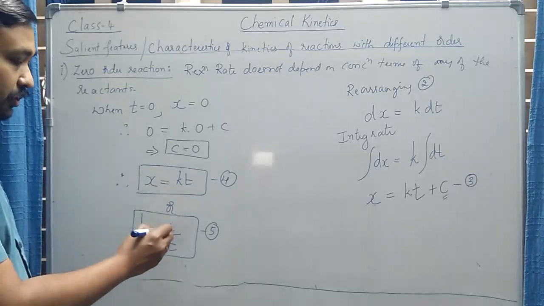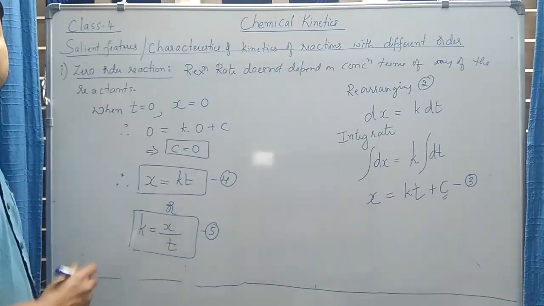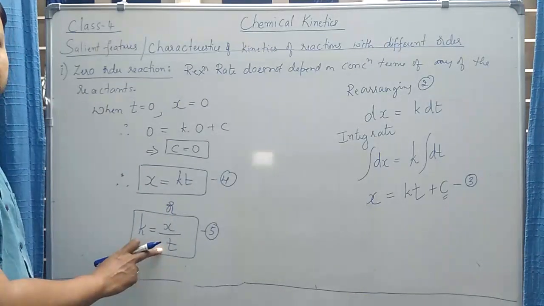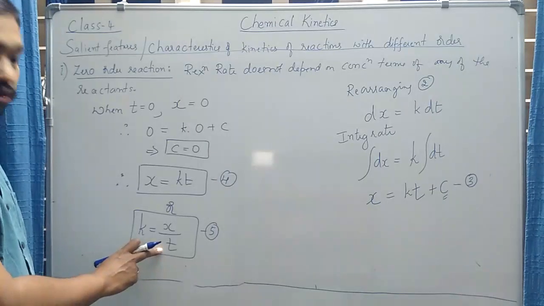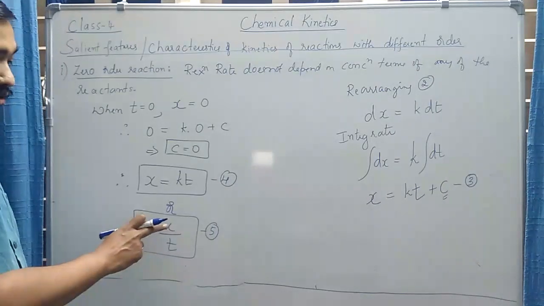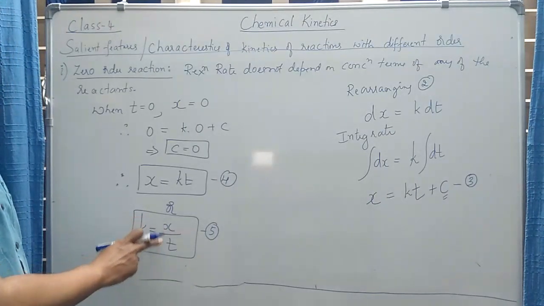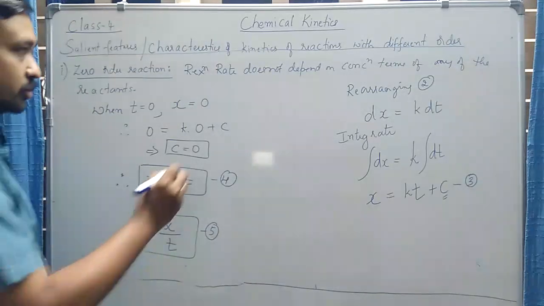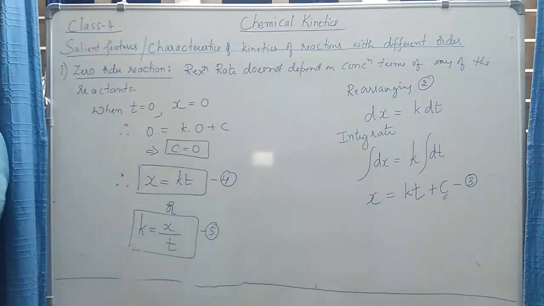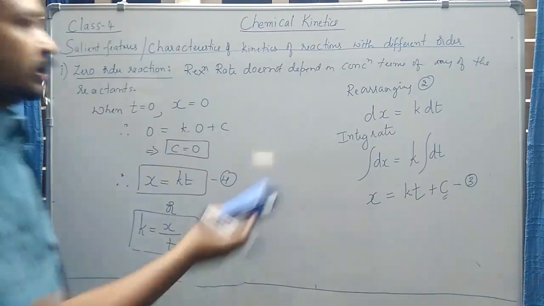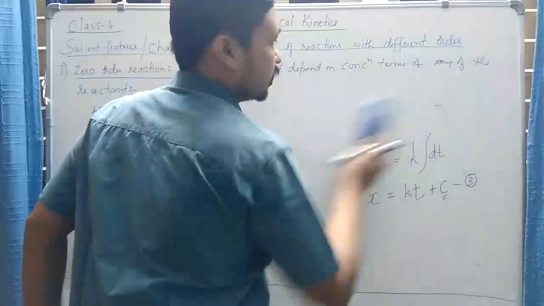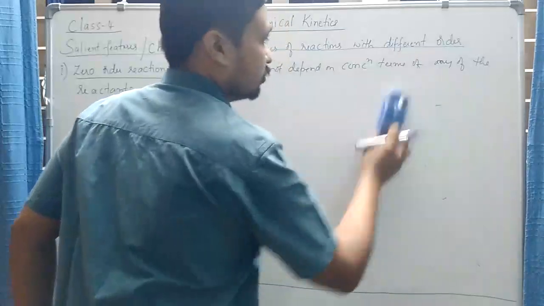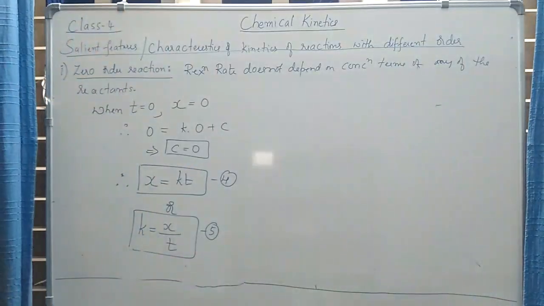So what is the unit of concentration? Mole per dm cube, and time, suppose if it is expressed in minute, so the unit of k is mole per dm cube per minute, or mole per dm cube per second. So the unit of a zeroth order rate constant is mole per dm cube per minute.